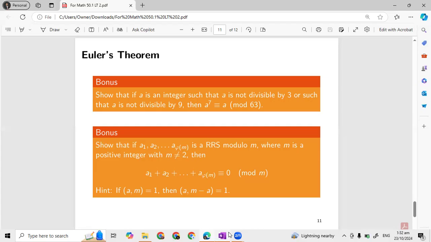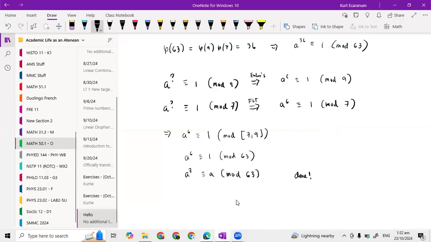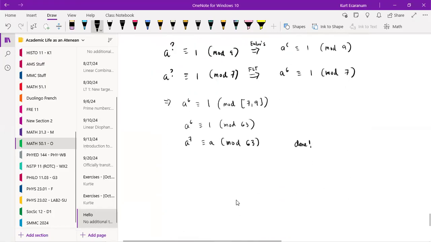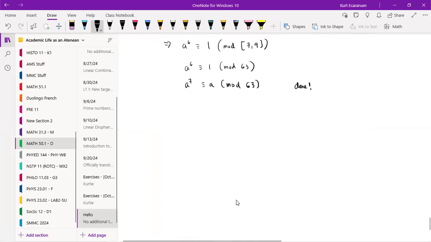So, a sub 1, a sub 2, up to a sub phi of m.